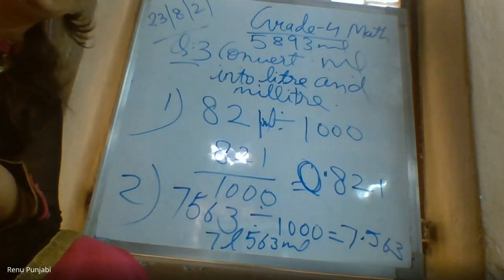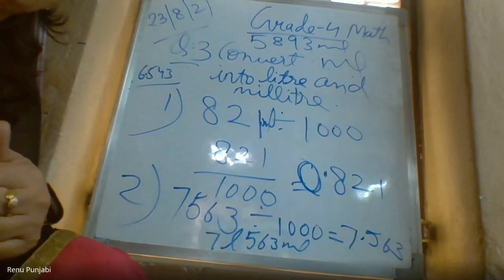Yes, Vedi, will you try? Yes, I will try. Ma'am, I will take 6543 in milliliters. I will divide it by 1,000 and I take the last three numbers into ml. The remaining number will go in liters.